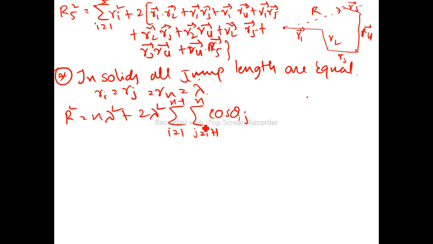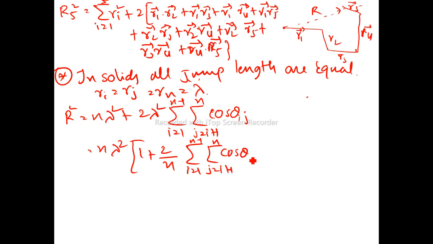Then by taking a common n lambda square, 1 plus 2 by n summation i equal to 1 to n minus 1, j equal to i plus 1 to n, cos theta ij.